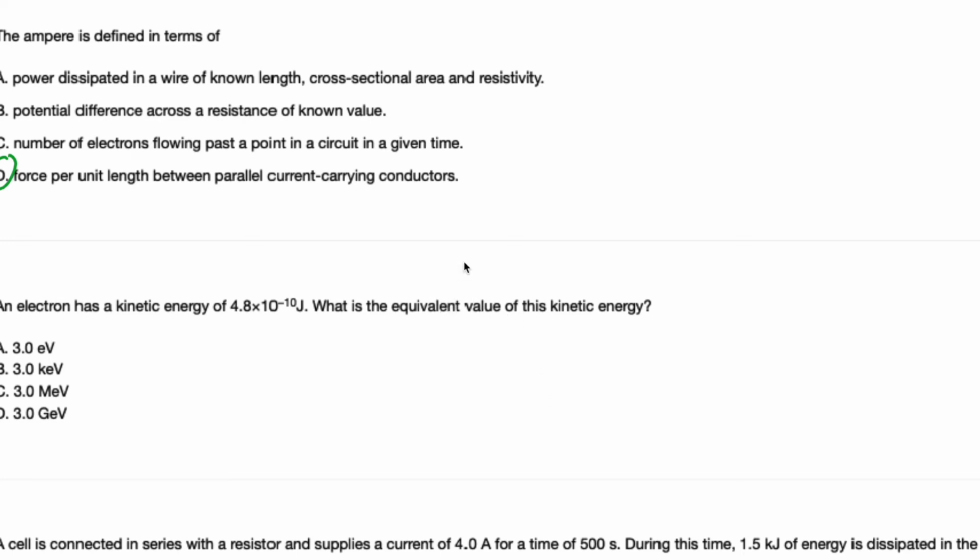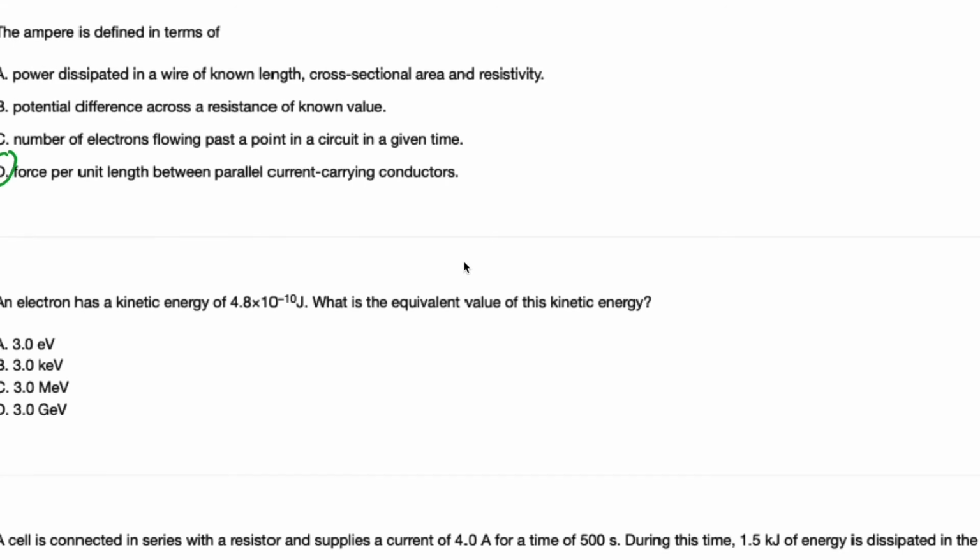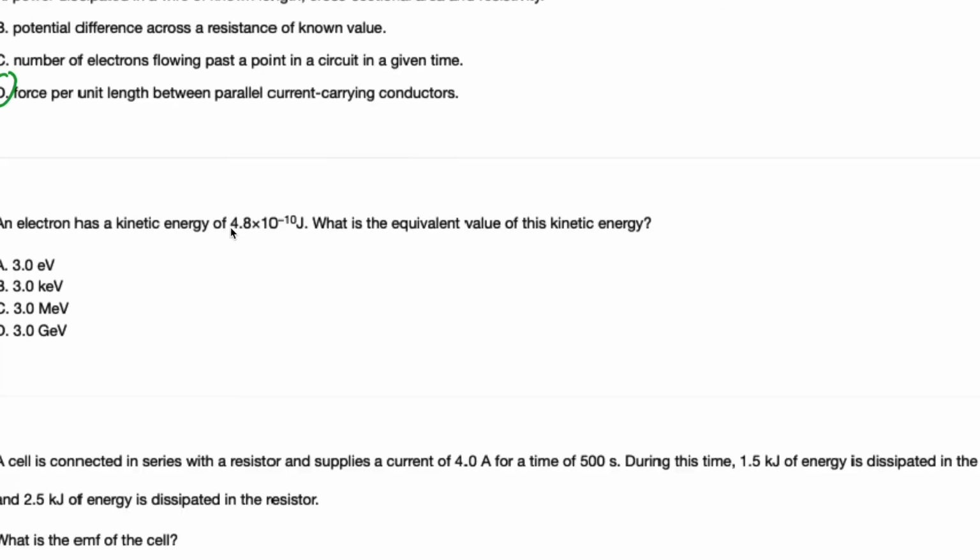So D is the correct option. And then they find out the current is the rate of flow of electric charge. I know B must be a popular choice, but just be aware that ampere was firstly defined in terms of force per unit length between parallel current-carrying conductors.